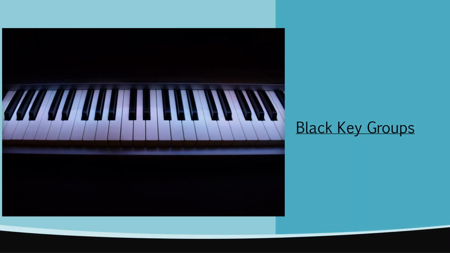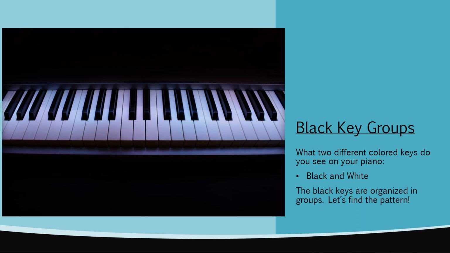Okay, let's do a quick review of our keyboard. In our last lesson, we saw that there are 2 different color keys on the piano. We see black and white keys. And we saw that our black keys are organized into groups. Now, in the last lesson, we were focusing on the groups of 2 black keys.